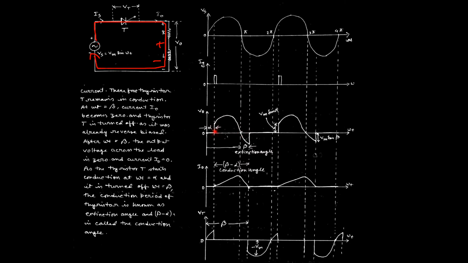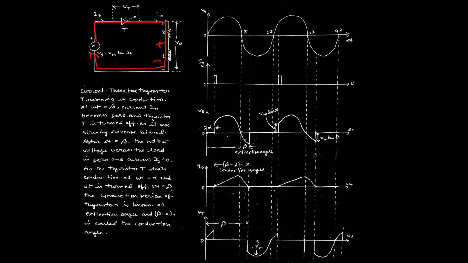From this point alpha to 180 degrees, the thyristor is under forward biasing condition, and this is for the first positive half cycle. That is why the total voltage is reflected on the load. So this is the wave shape of the load voltage, taken from the supply voltage.